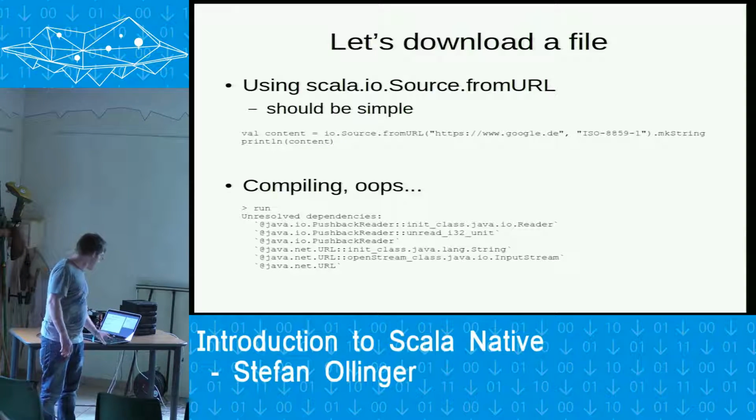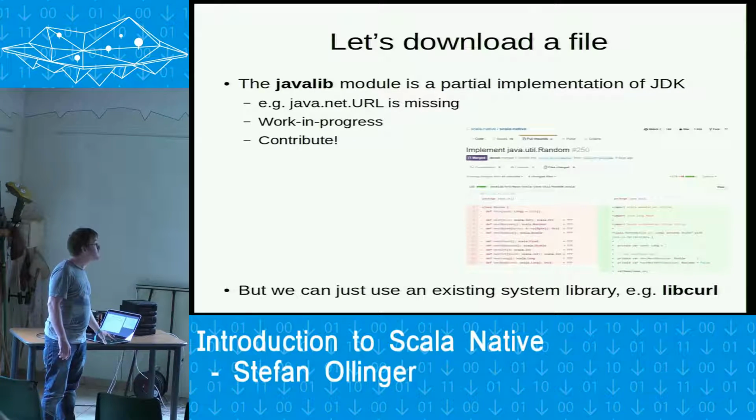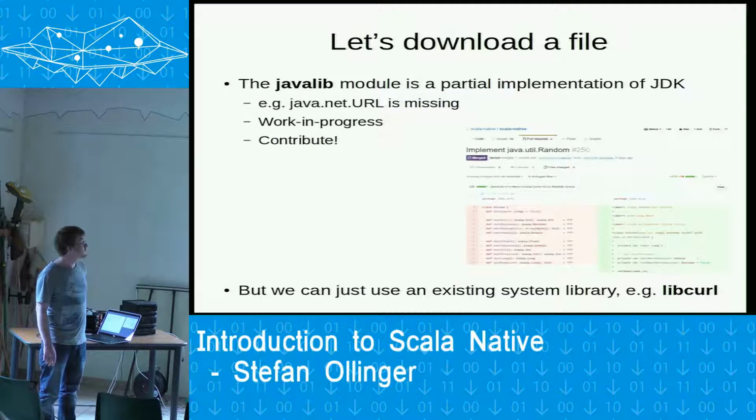So one way would be to implement those types and provide a pull request. It's still a work in progress and people are happy if someone contributes. Or we can just use something like libcurl.